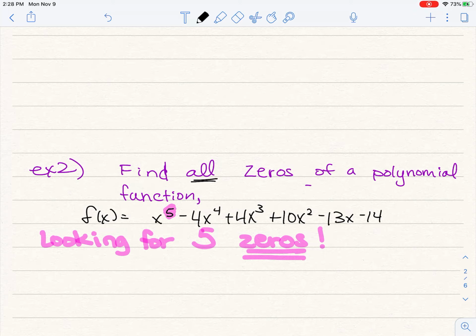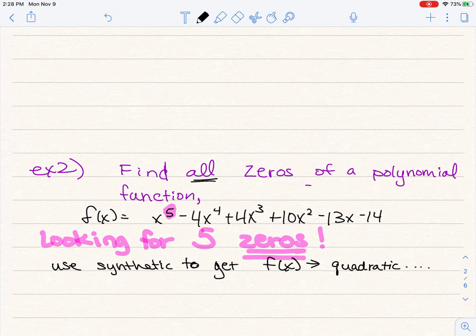Now remember, section 6 said we look at the graph and use synthetic division to get f(x) down to a quadratic, which is still the case.